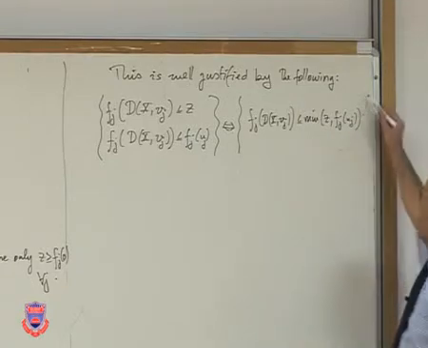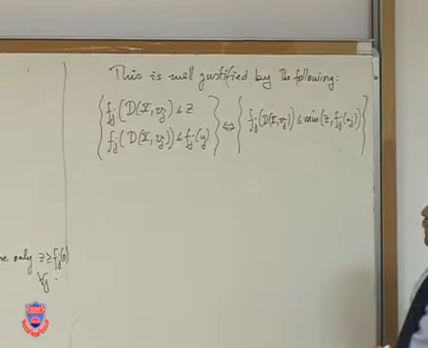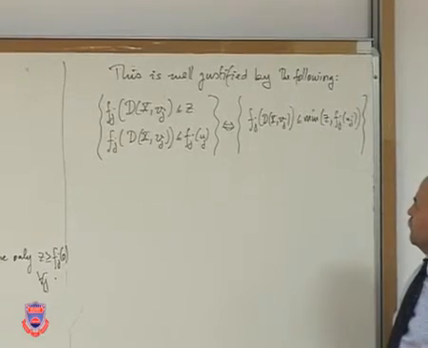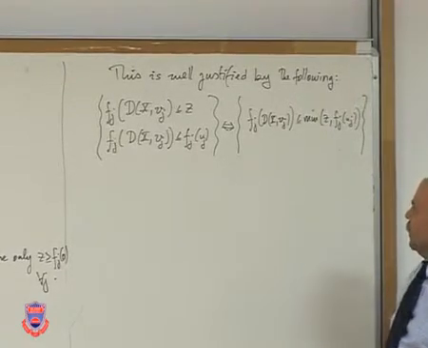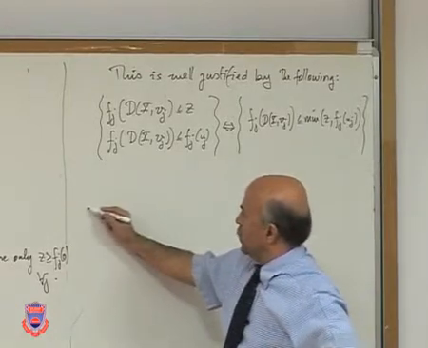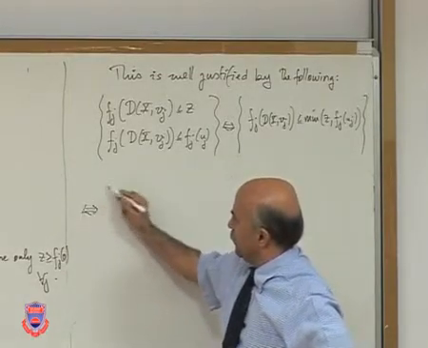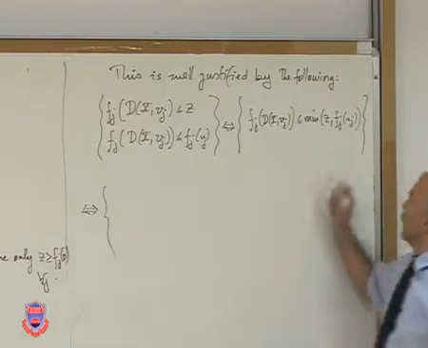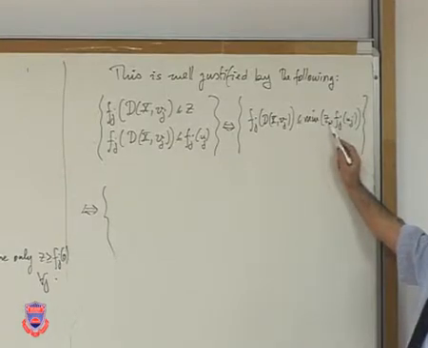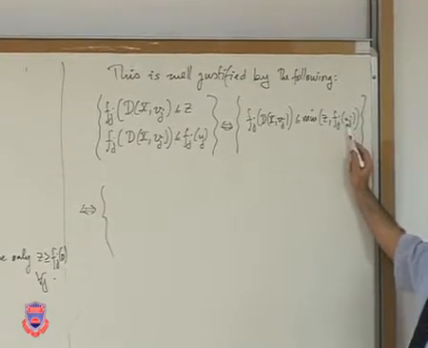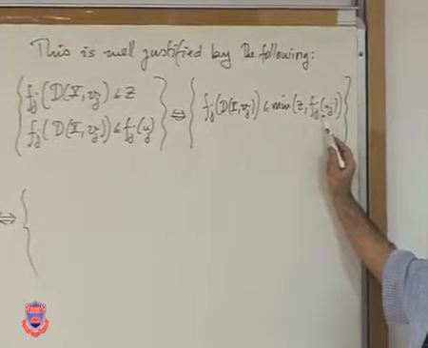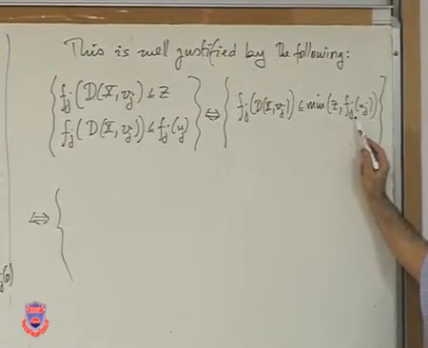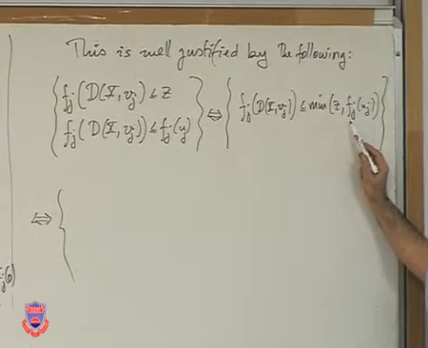Okay? Which is equivalent to, now the smaller of z and fj uj is always in the domain of definition of fj inverse.